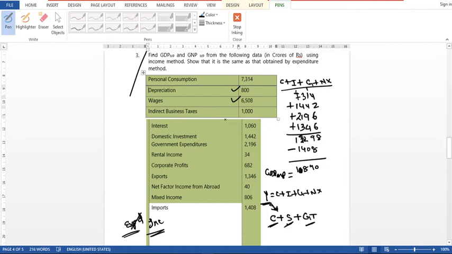Now what to do with indirect business tax, I'll tell you. Is it all right? Interest. This is government expenditure. Rental income, corporate profit, mixed income. Yes, it is total of this.